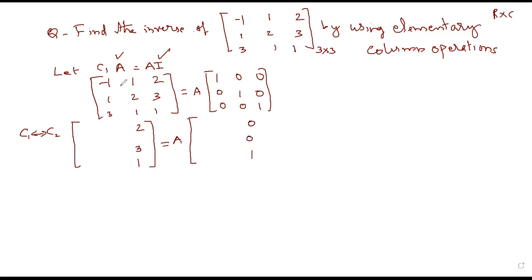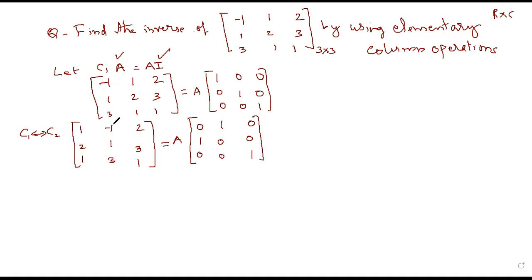And these two columns are interchanging. So this column will become the first column: 1, 2, 1. And the first column will become the second column: minus 1, 1, 3. Here also the second column will become the first column: 0, 1, 0, 1, 0, 0.